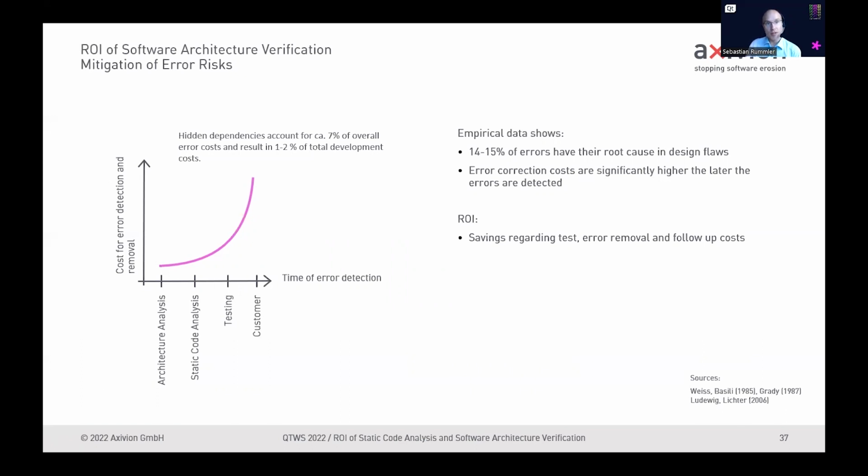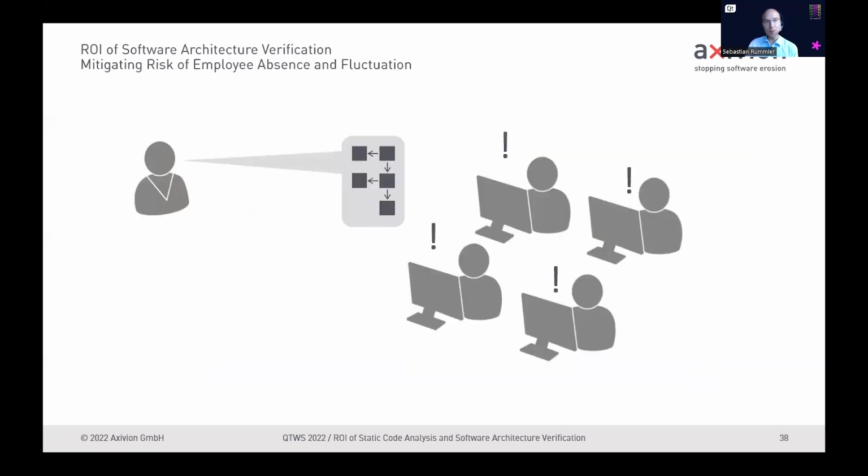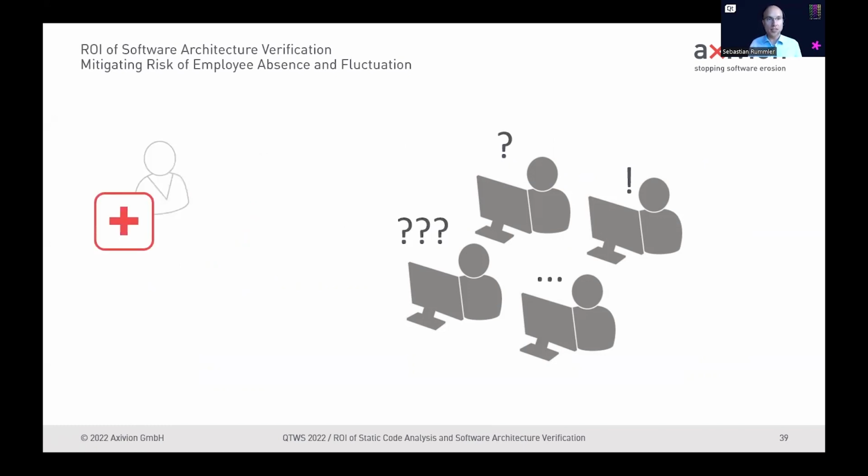And also some return on investment that's hard to calculate is how dependent you are on single developers or architects that really get an overview of the whole system. So you could always go there and ask them, how's that structured? How does that work? So great people. We all have them in our teams. But what happens if they're absent, even in the long term? There's fluctuation. They leave the company.